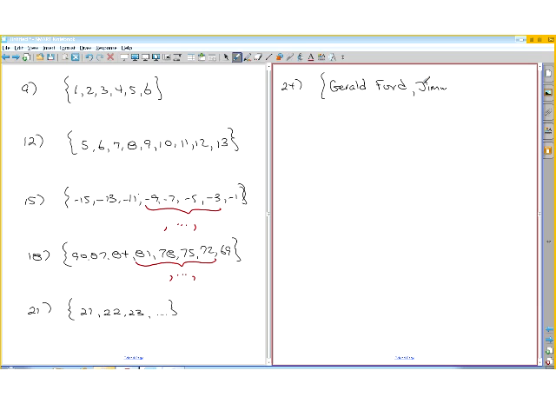So we have Gerald Ford, Jimmy Carter, who served for one term in the early 80s. Then he was defeated by Ronald Reagan. And then after Ronald Reagan, we had George H.W. Bush.